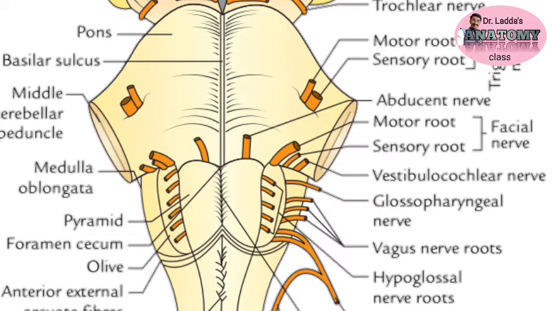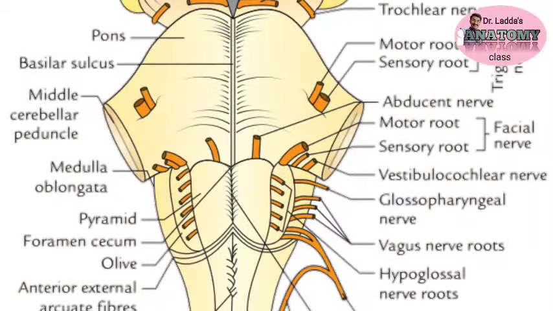On the two sides, the pons is connected with the cerebellum through the middle cerebellar peduncle. So the basilar sulcus and the middle cerebellar peduncle are two features, and the remaining features are the emerging nerves. Toward the middle cerebellar peduncle, the nerve emerging toward the anterior aspect has two roots, a motor root and a sensory root.